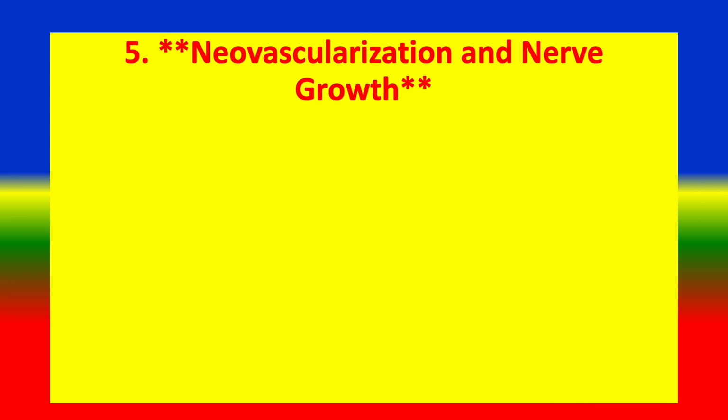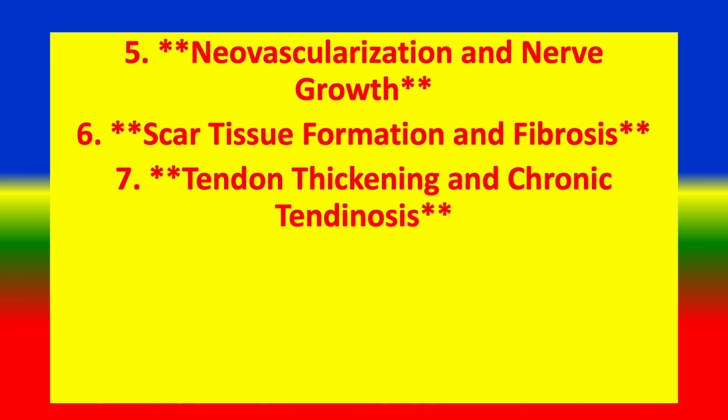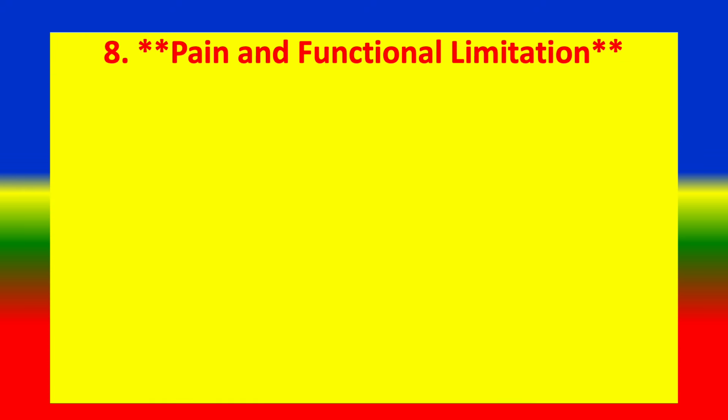Neovascularization and nerve growth. 6. Scar tissue formation and fibrosis. 7. Tendon thickening and chronic tendinosis. 8. Pain and functional limitation.